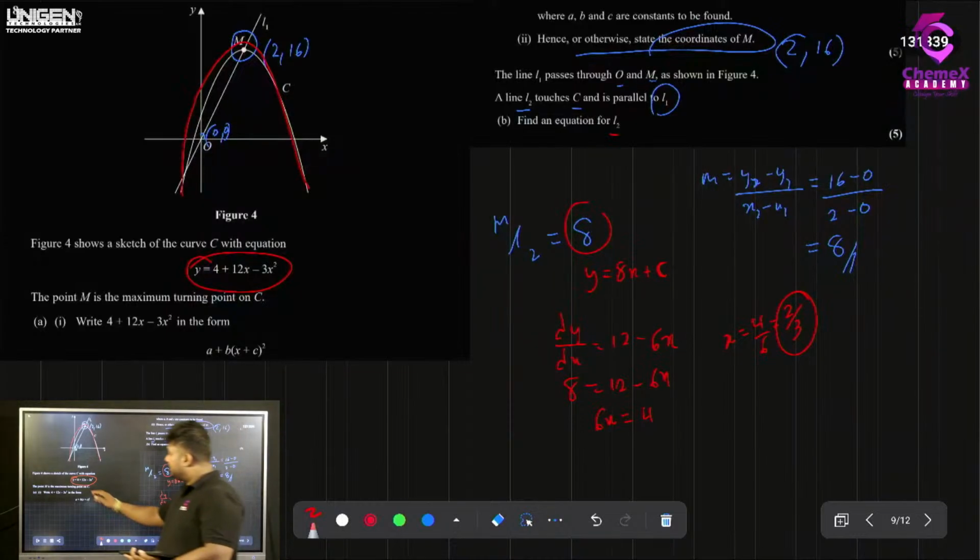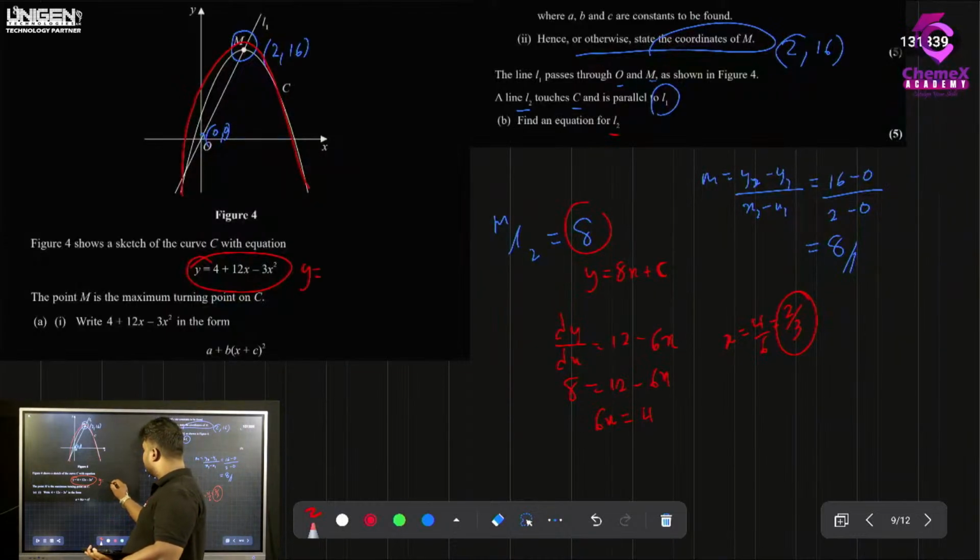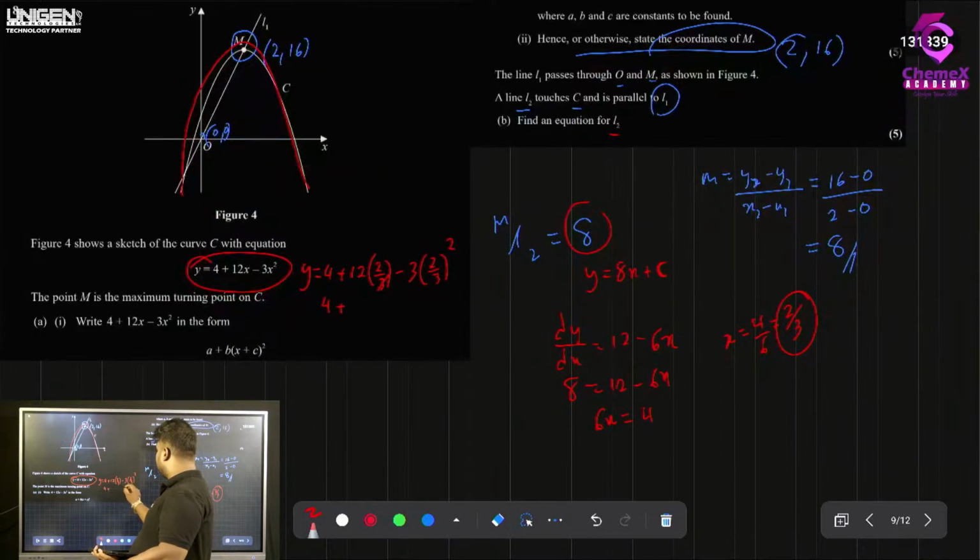For the y value, you can just put it into the equation. 4 plus 12 times 2 over 3 squared. What's it? 4 plus 8 minus 3 times 4 over 9. 1 and 3. 4 plus 8 minus 4 over 3. That's the answer.